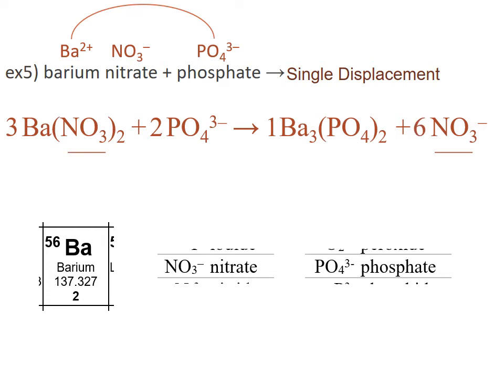Now everything balances out, and that includes charge. On the reactant side, with 2 phosphates, I have a -6 charge. On the product side, with 6 nitrates, I also have a -6 charge. Now before I move on, I need to erase any ones that were used to balance the equation. And now I'm good to move on to the next example.